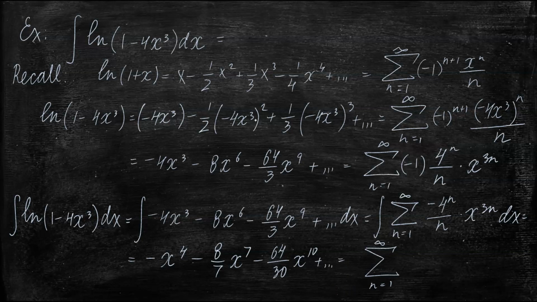Basically what we're about to write has to match what we have already written, just it's going to be a general form of it. So we have negative 4 to the power n over n times x to the power 3n plus 1 divided by 3n plus 1, so it just comes right over here.